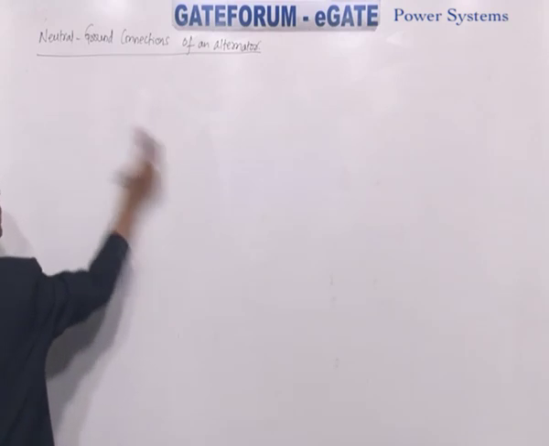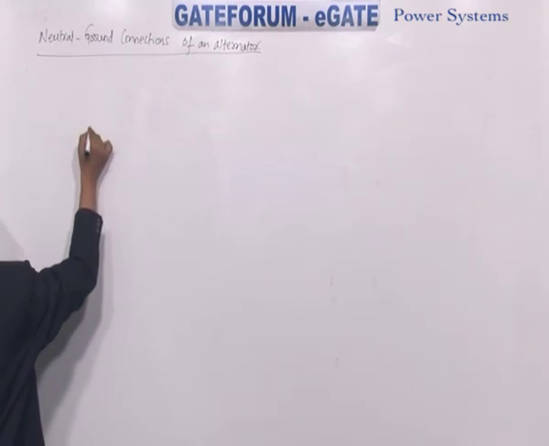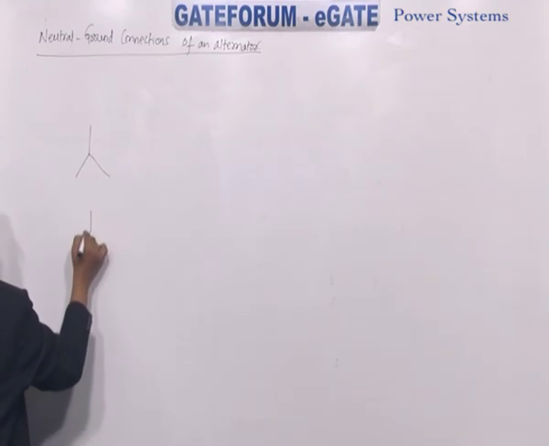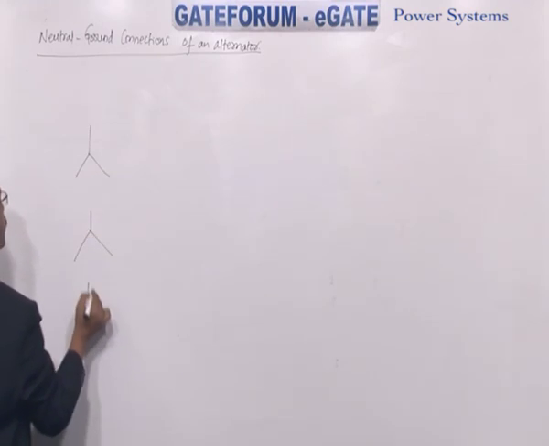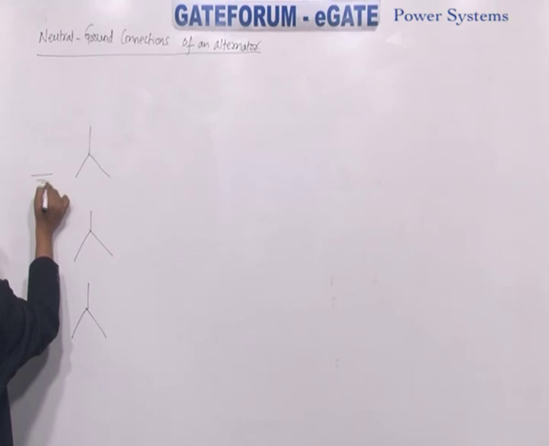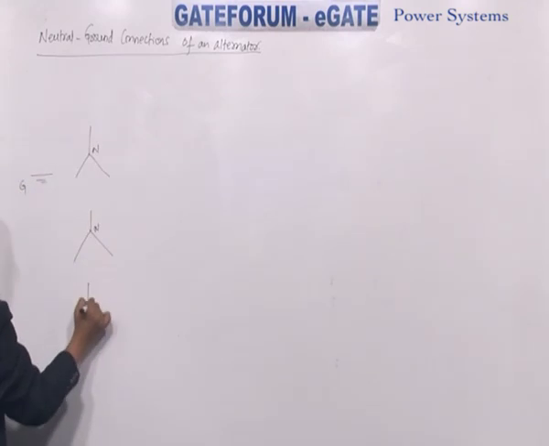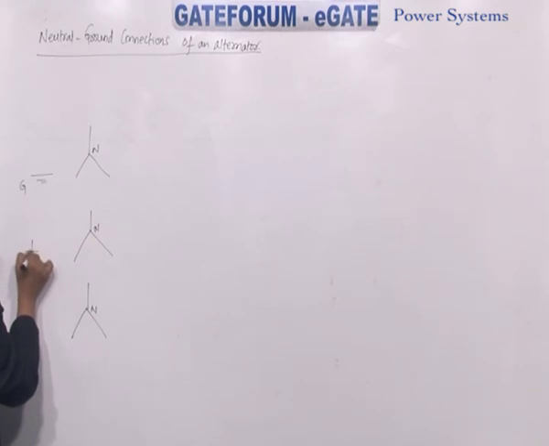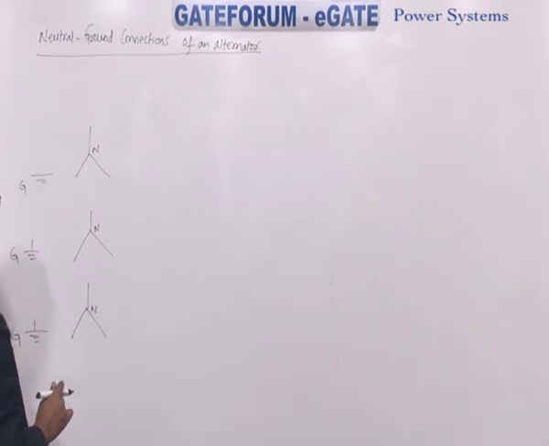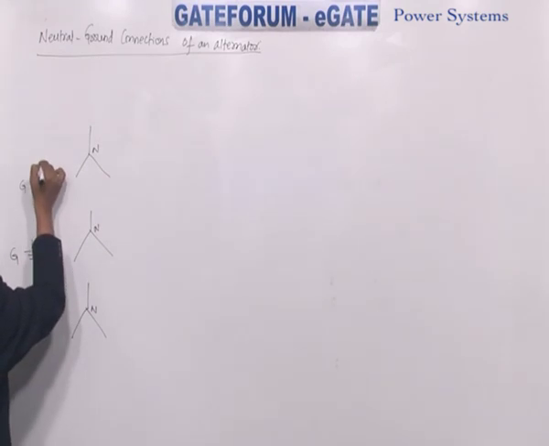Or you represent directly all the star symbols, and here you represent ground. All these are the neutrals. Here you represent ground. Here also you represent ground. What is the first way you connect?